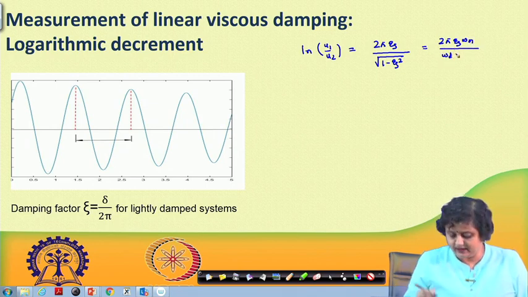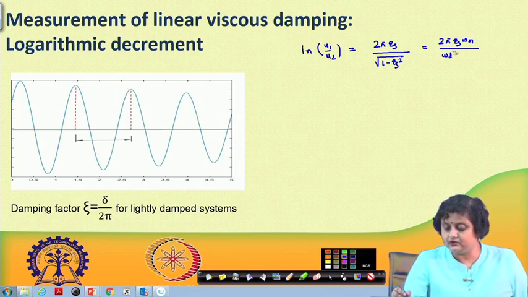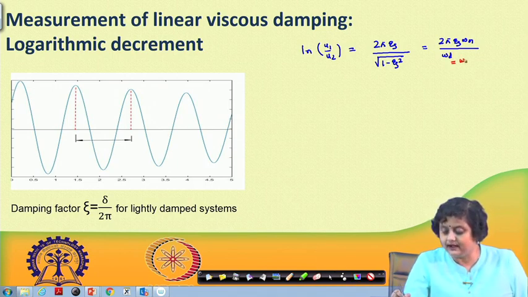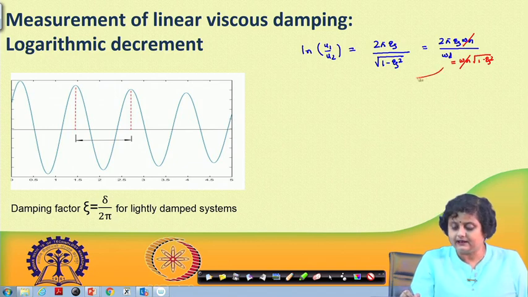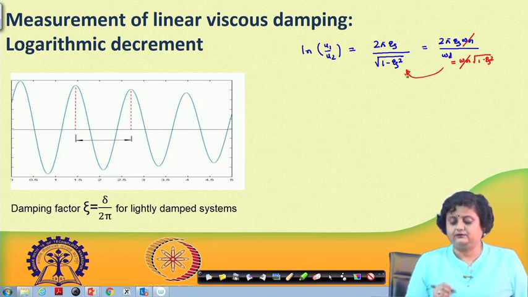So, this omega d can actually be written as omega n into square root of 1 minus zeta square. So, this omega n will cancel with this omega n, and I am going to be left with this.